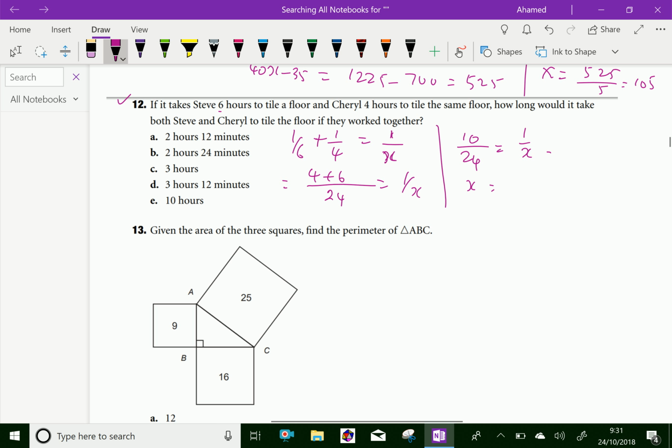Therefore x equals 24 over 10 hours, which is x equals 2.4 hours, which means 2 hours. 0.4 hours is 0.4 into 60, which gives 24 minutes. So option B.